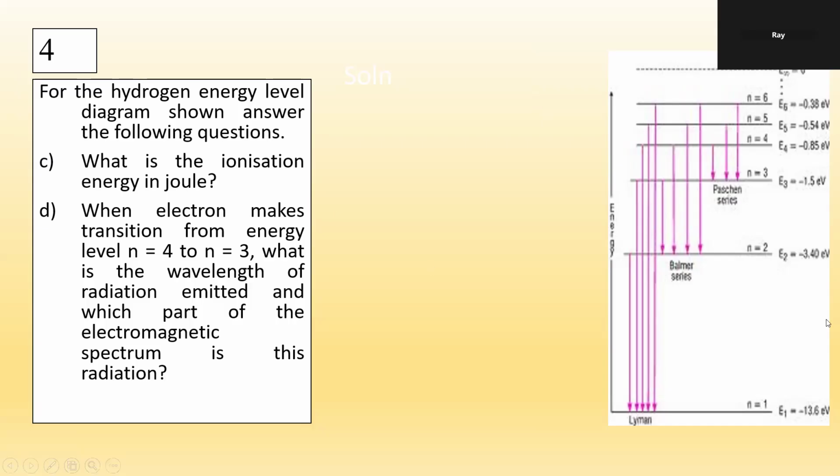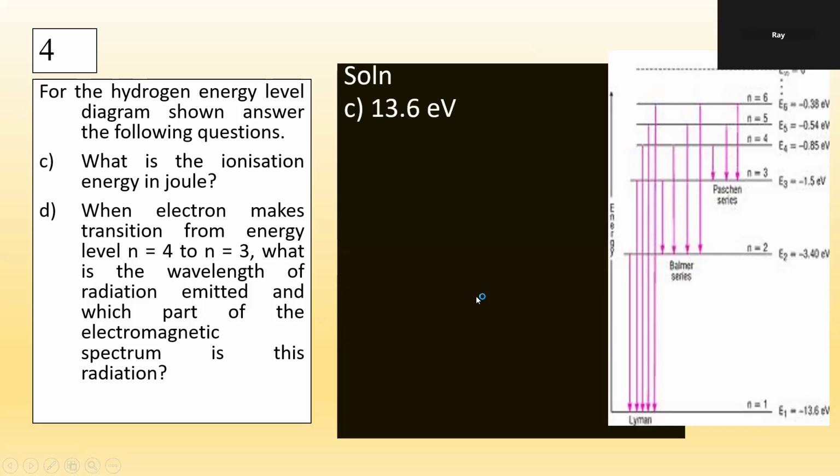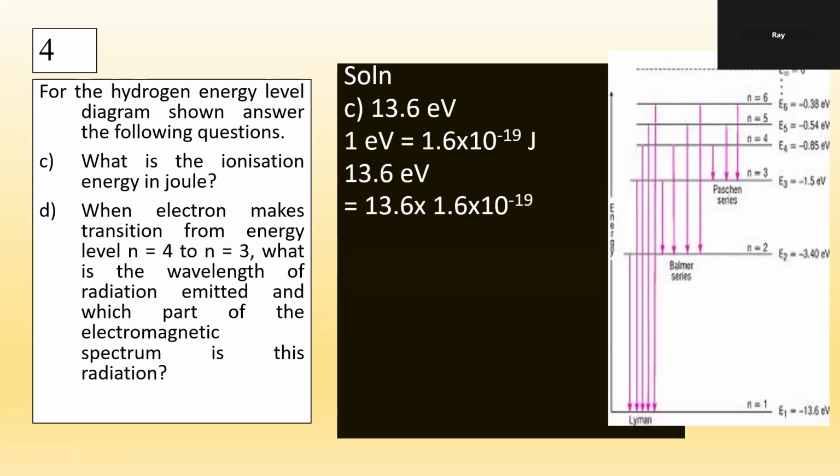This one, the lowest one. The lowest energy level is the ionization energy. 13.6 eV, convert it to joule: 2.18 times 10 to the power negative 18 joule.